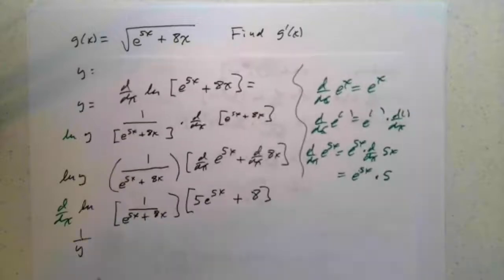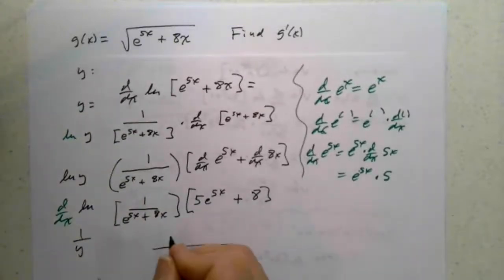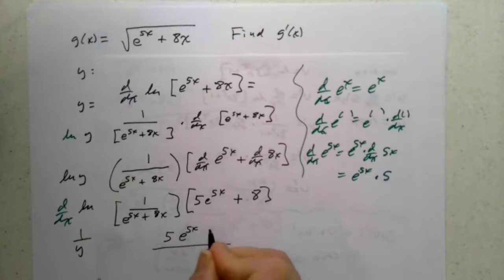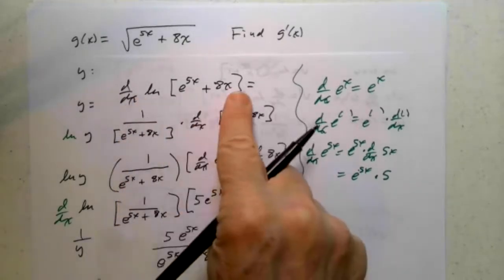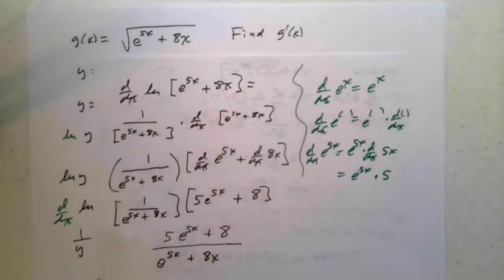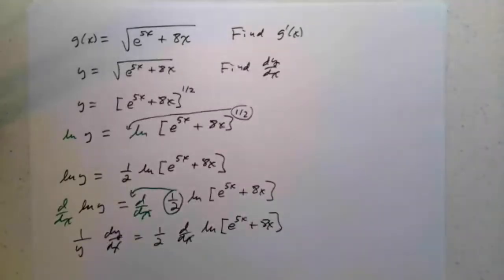And then I can write this as a single fraction, 5e to the 5x plus 8 over e to the 5x plus 8x. All of that was the derivative of the natural log of e to the 5x plus 8x. So I will make that substitution over here.